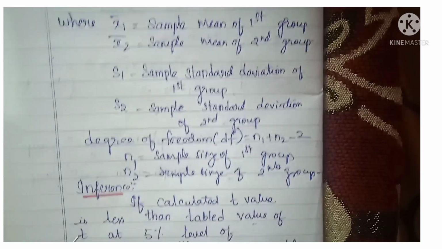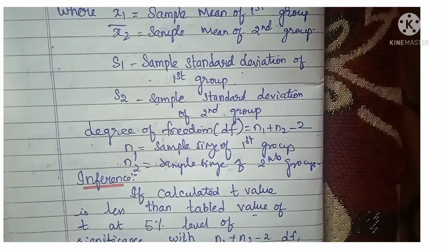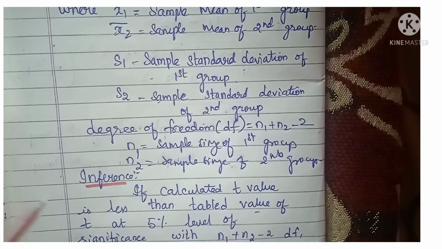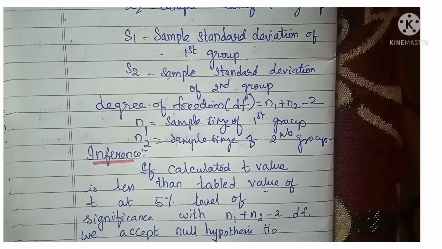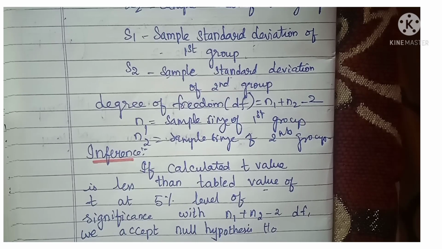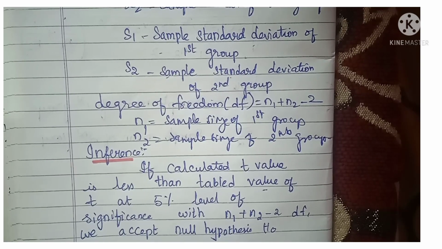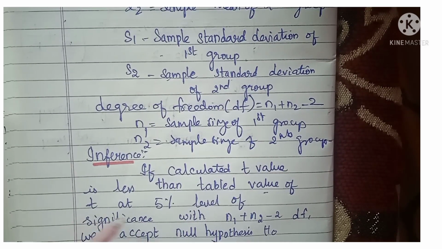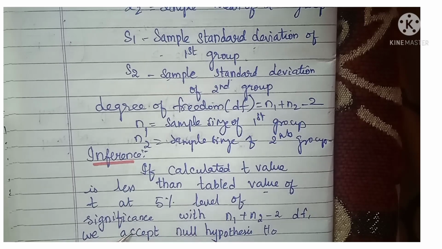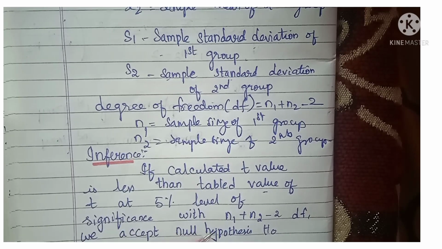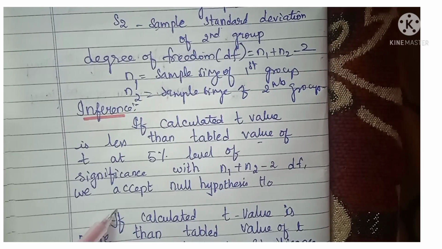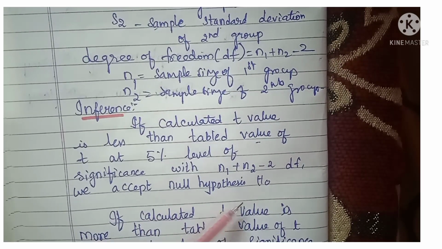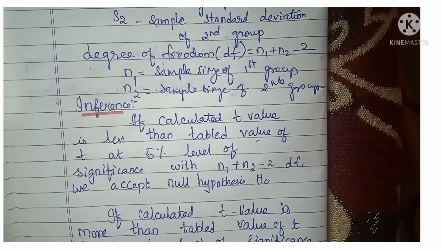So inference. Once you have calculated the value using this formula, if the calculated t value is less than the table value of t at 5% level of significance with n1 plus n2 minus 2 degrees of freedom, we will accept the null hypothesis H0 and reject the alternate hypothesis.